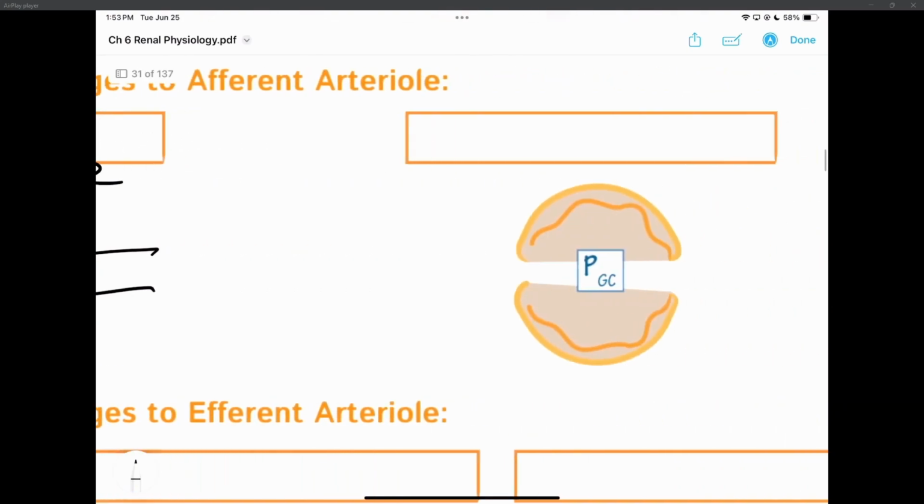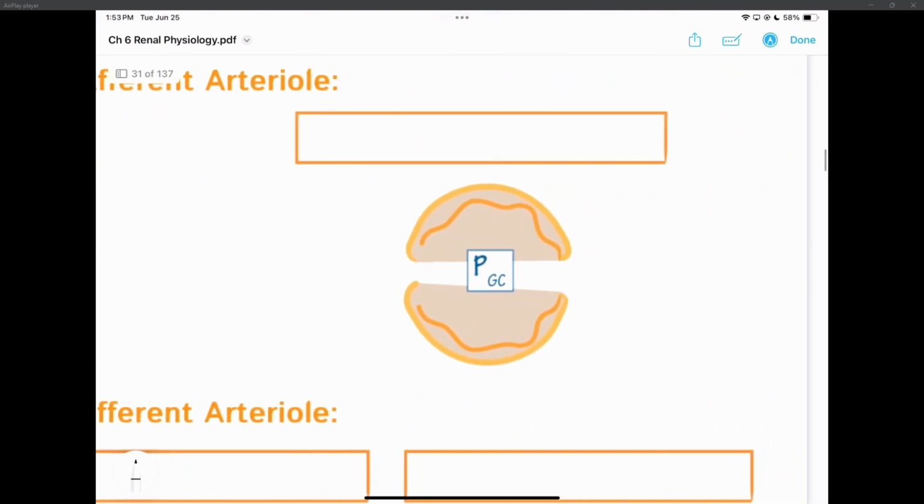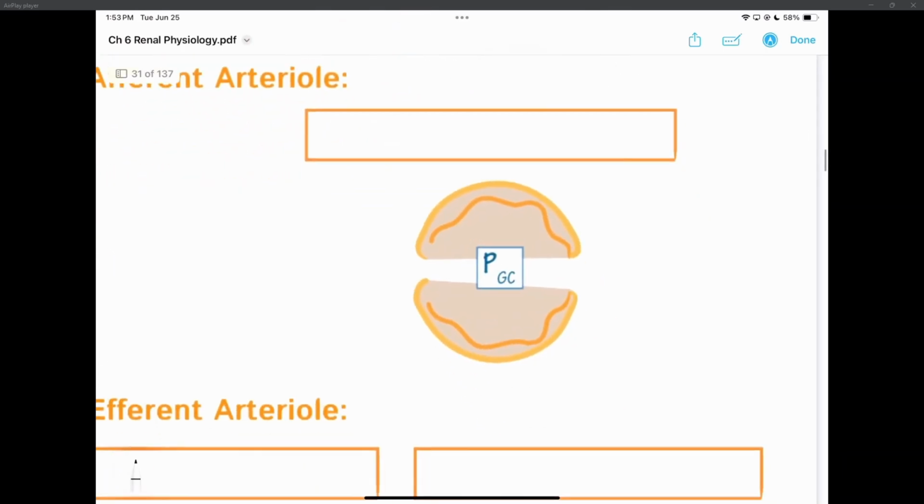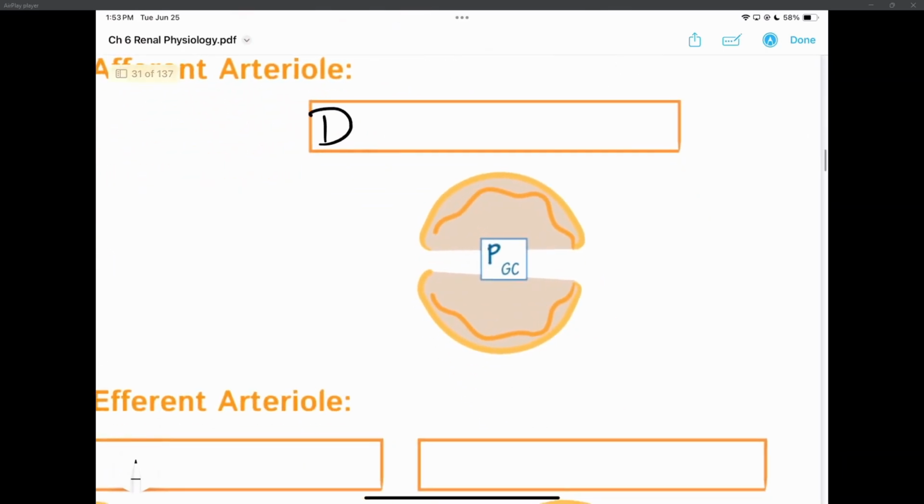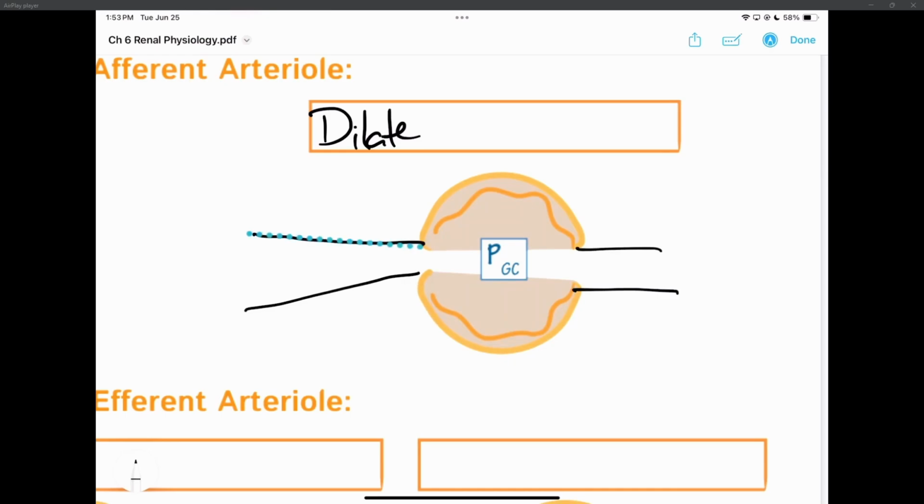Now, let's do the opposite. Let's dilate it. Now we're going to get a fat vessel going in and a normal one going out. So we've dilated it. What's going to happen to the renal blood flow with that dilated artery? You have more blood going in. What's that going to do to your hydrostatic pressure?